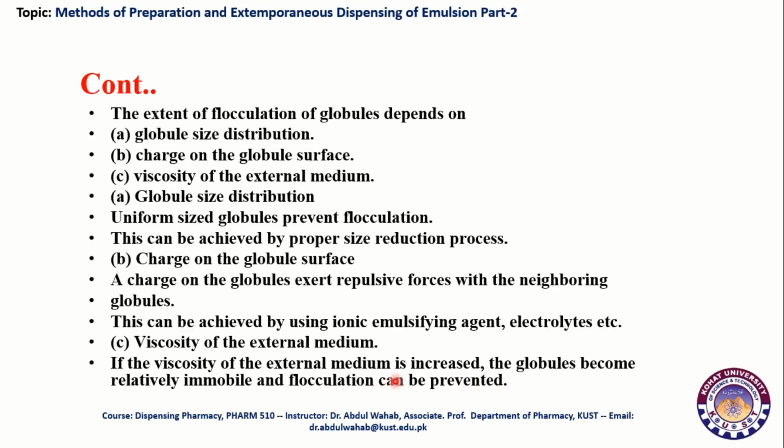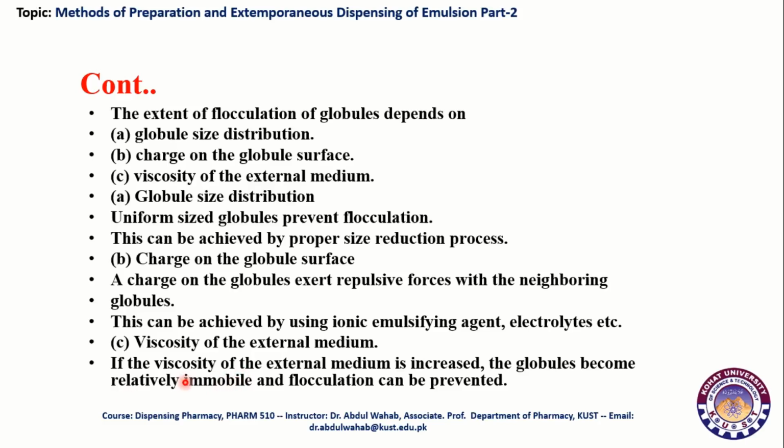So how can we prevent the fluctuation? If we want to prevent the fluctuation in emulsion, because fluctuation is a physical instability, we can increase the viscosity of the external medium. If the viscosity of the external medium is increased, what will happen? The globules become relatively immobile.